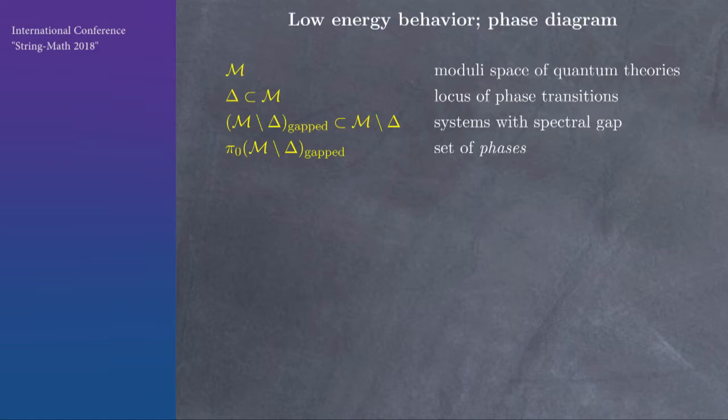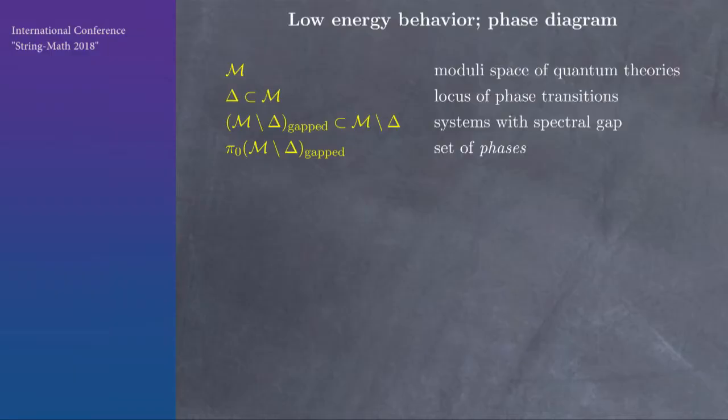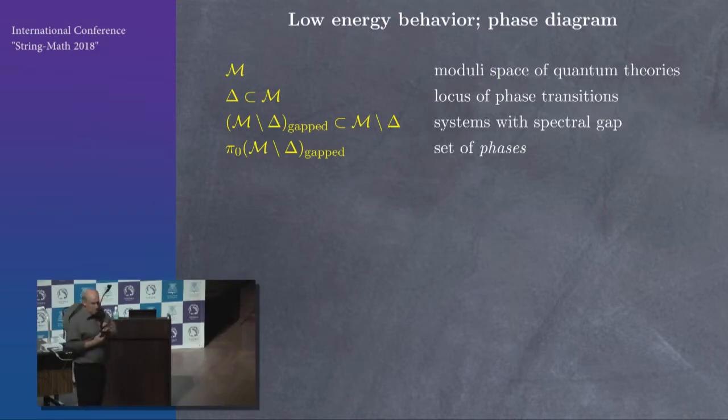So here's a very general picture. Supposing that we have some kind of space of quantum theories. So these could be quantum field theories. In our case, these are lattice theories, could be string theories. And so we might imagine that they form some moduli space. And now there's a bad locus in there, a locus that we want to remove, which is where the phase transitions happen.